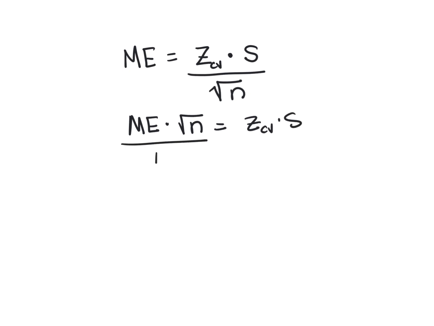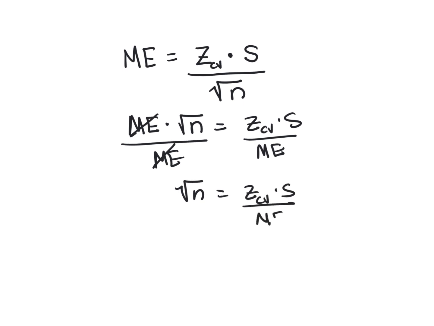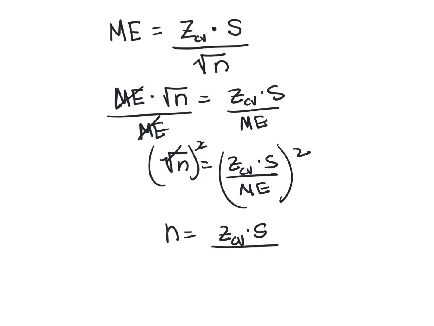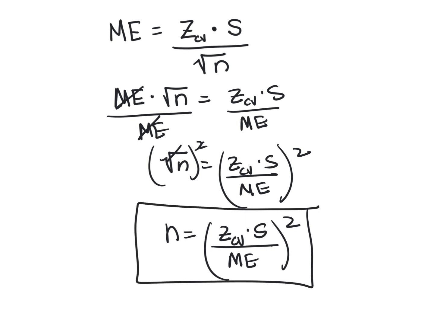Then divide both sides by the margin of error that I want to have. Then square both sides. n equals your z-critical value times your standard deviation divided by the margin of error you wanted, everything squared. And that's the formula that you will see in your textbook, right? So if you write that formula in your notes somewhere, then you don't have to do the algebra each time you do it.